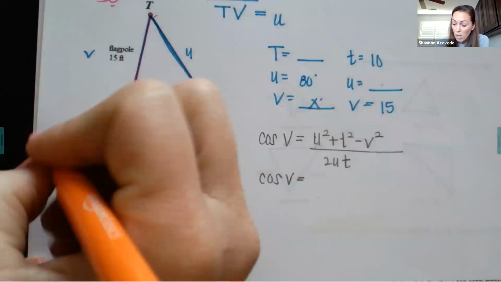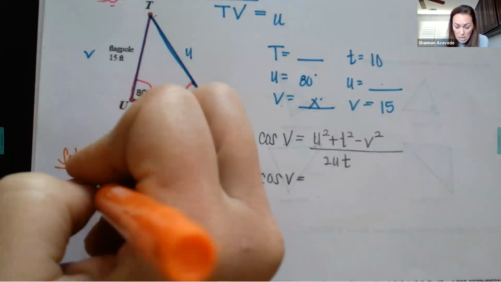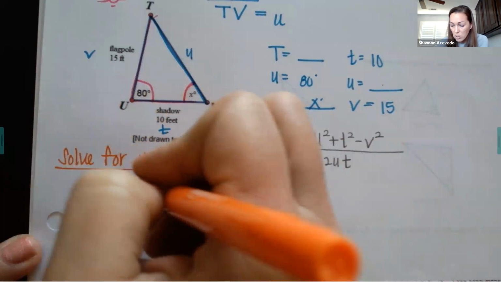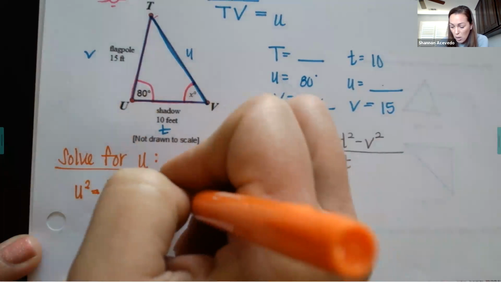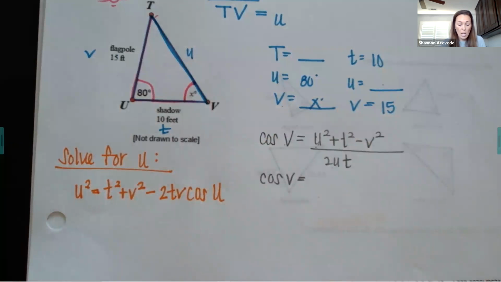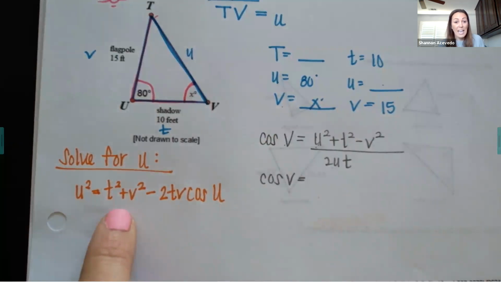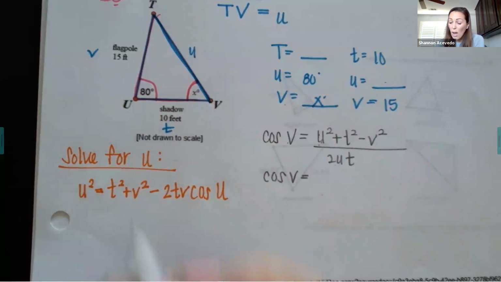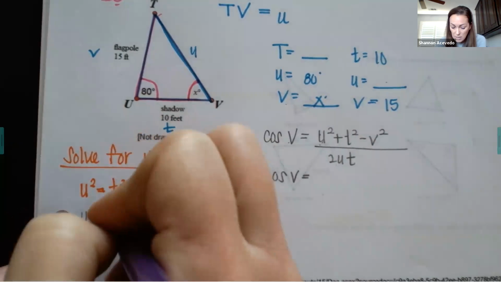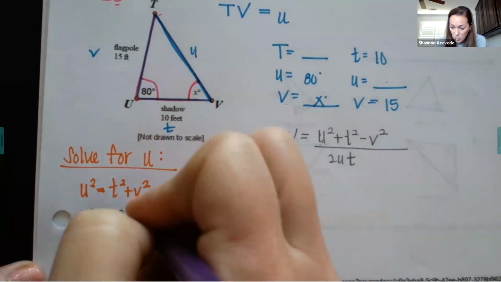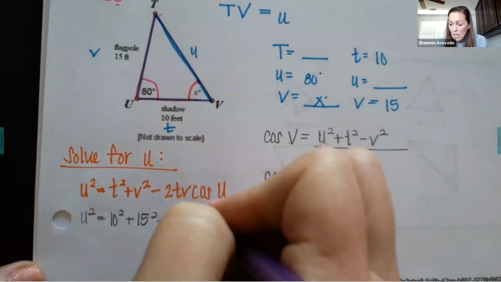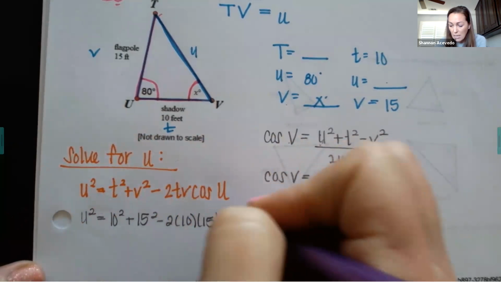And the formula for my law of cosine says that U squared is equal to T squared plus V squared minus 2TV cosine of my angle U. And I know my T, V, and my angle U. So I can solve for my side U. So it's going to be 10 squared plus 15 squared minus 2 times 10 times 15 times cosine of 80 degrees.